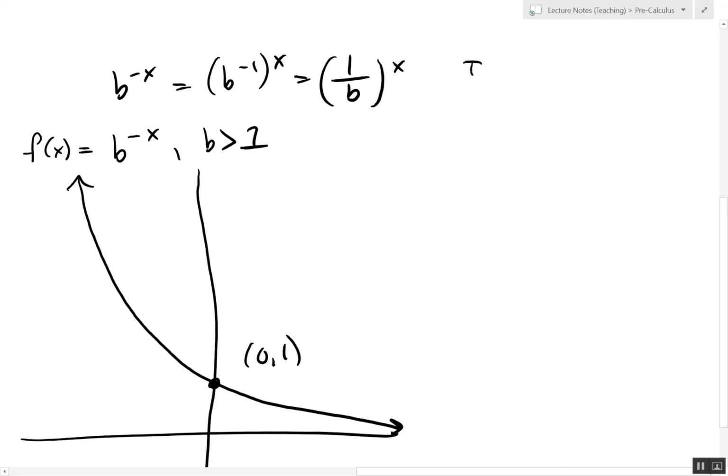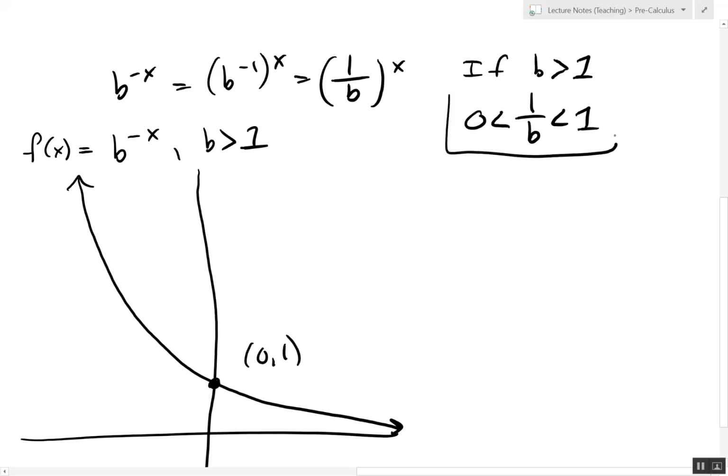And if b is greater than 1, then by taking reciprocals, 1 over b is less than 1, and in fact it's also greater than 0. So this doesn't violate my increasing, decreasing conditions at all, and functions are frequently written in this form versus writing them in fractional form, so you need to be aware of that fact.